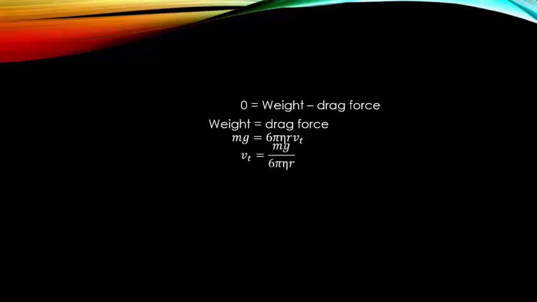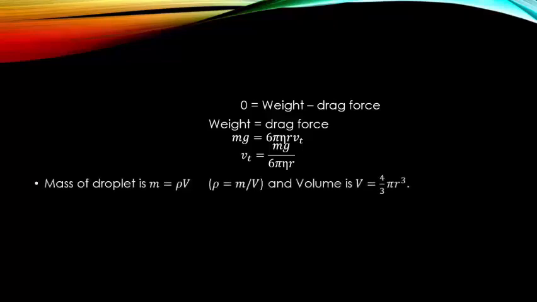So we rearrange this equation and the terminal velocity becomes Vt is equal to mg divided by 6πηr. We just isolated Vt here. Now we will find the value of mass and volume to insert in this equation.